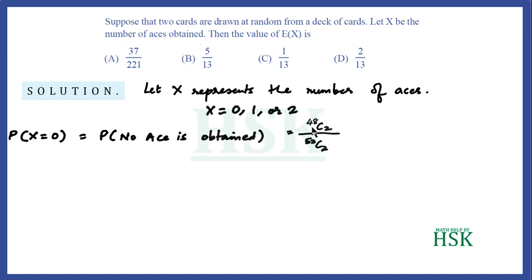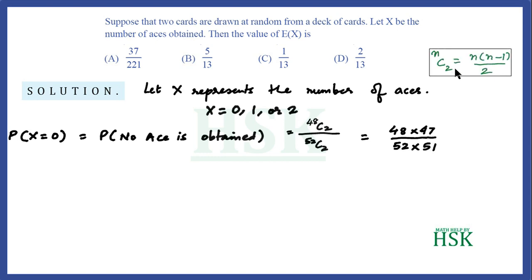From the 52 cards which a deck has, if we remove the 4 aces, we are left with 48 cards which do not have any ace, and if we select two cards from these, we get the total favorable number of ways in which no ace is obtained. This would be equal to 48 into 47 upon 52 into 51, and here we have used a shortcut, that nC2 is equal to n into (n minus 1) upon 2.